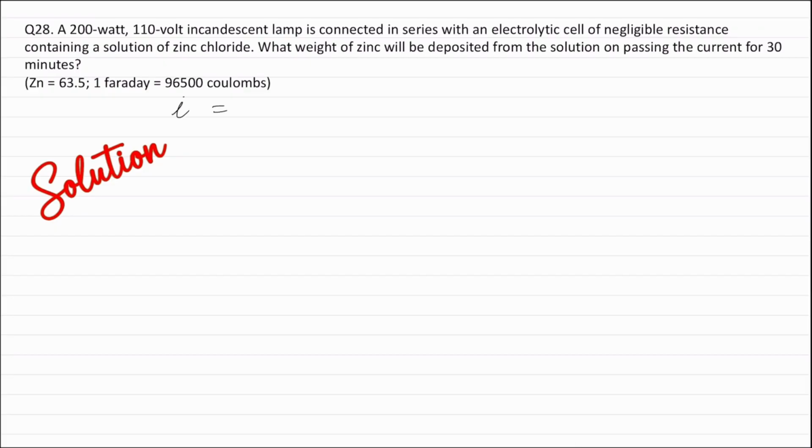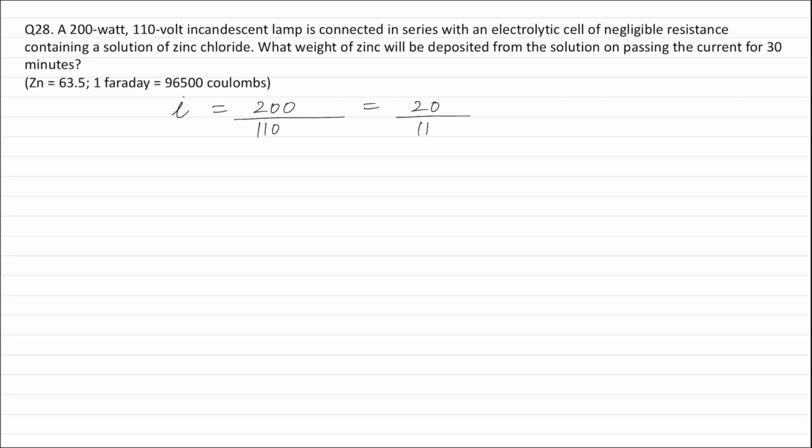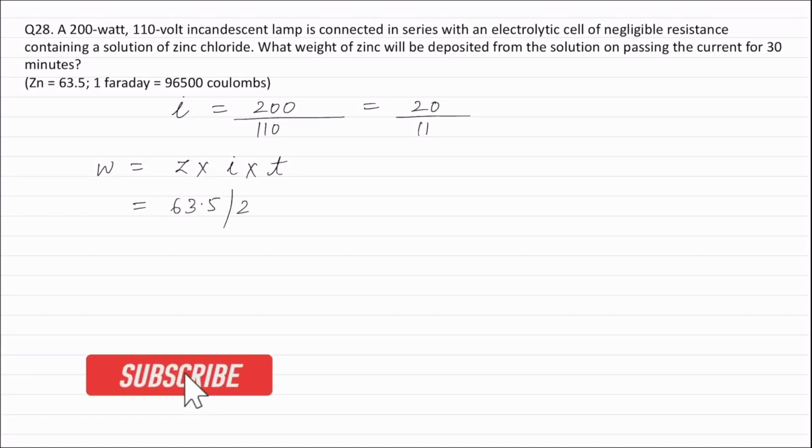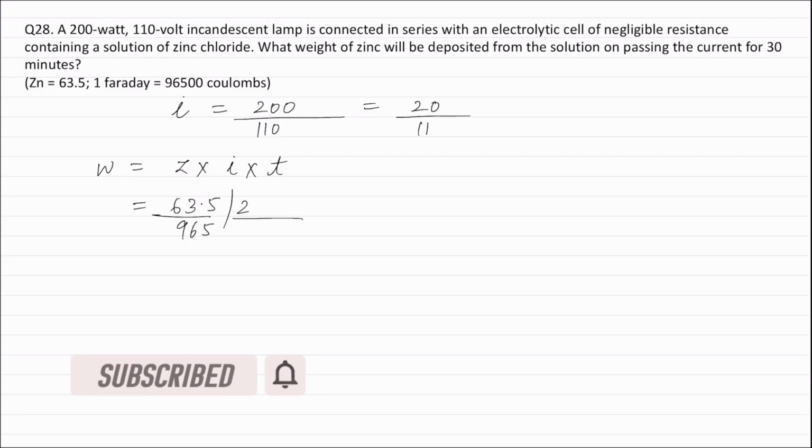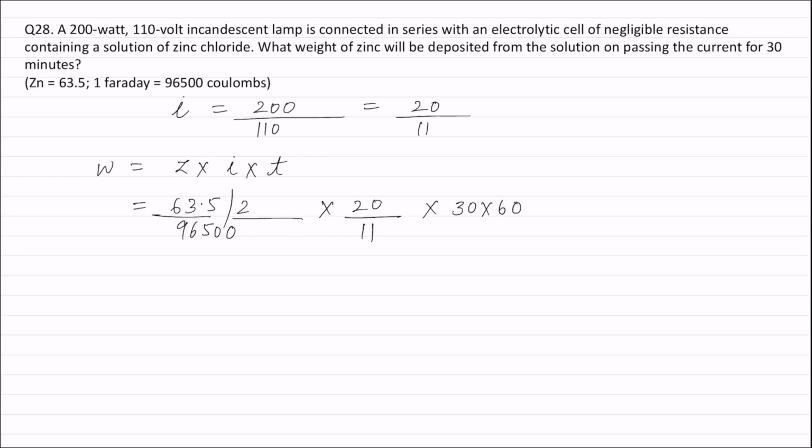Value of I will be equal to 200 divided by 110, which is equal to 20 divided by 11. Applying the formula, W is equal to Z into I into T. The value of Z for zinc is equivalent weight of zinc, that is 63.5 divided by 2, divided by 96500 coulombs, into I. The value of I is 20 by 11 amperes into T. Time will be equal to 30 minutes or 30 × 60 seconds.